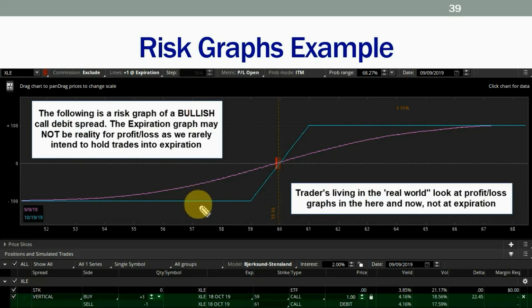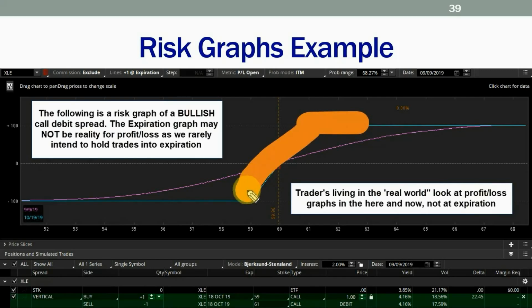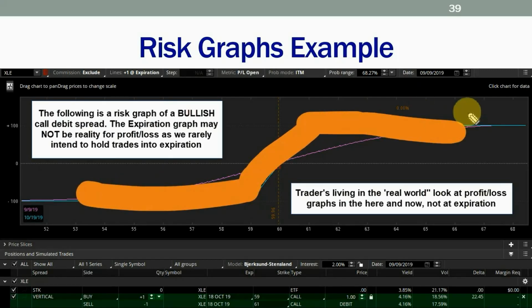When people look at options trades, they often look at what we call right here, that hard line. That was terrible, me trying to draw on that hard line. It was hideous. Okay, this hard line right there, that's better.